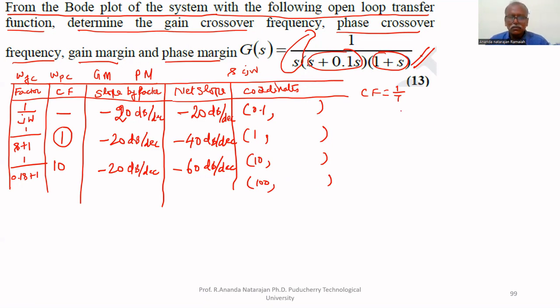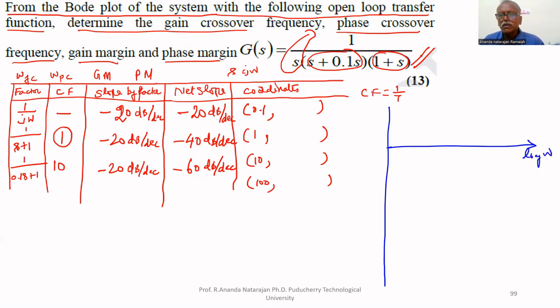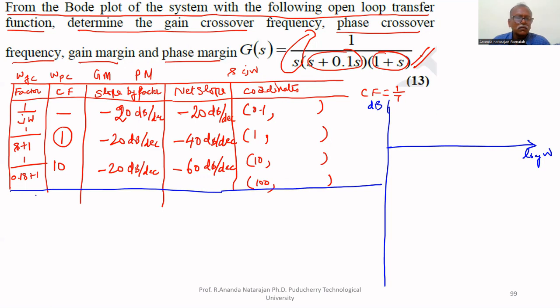For 0.1, this is 20 log omega in dB. At 0.1, 20 log 0.1 equal to 20 log 10 power minus 1.